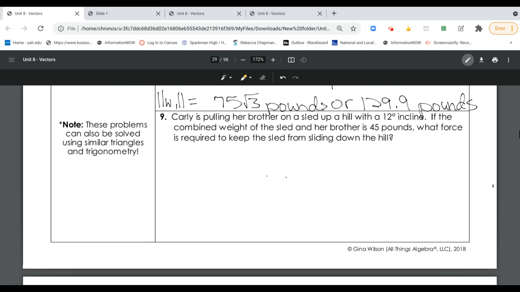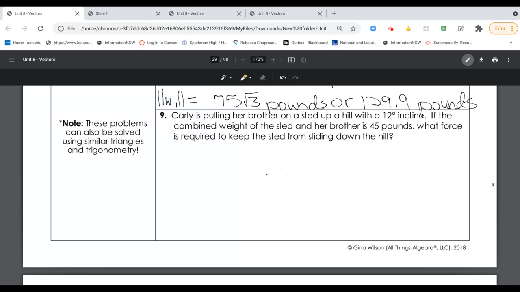All right, so in the last problem, we are going to apply the shortcut. We have our ground, and Carly is pulling her brother on a sled at a 12-degree incline. If the combined weight of the sled and her brother is 45 pounds, what force is required to keep the sled from sliding down the hill? So our force is 0, negative 45.